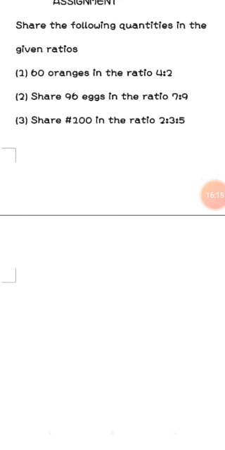Question 2. Share 96 eggs in the ratio 7:9. Question 3. Share 100 naira in the ratio 2:3:5.